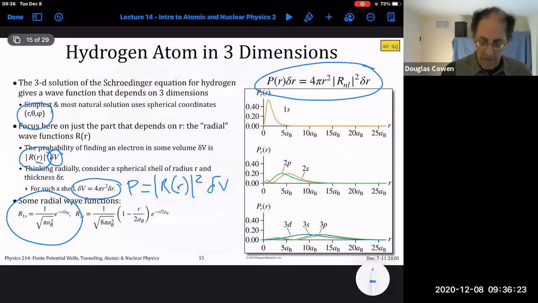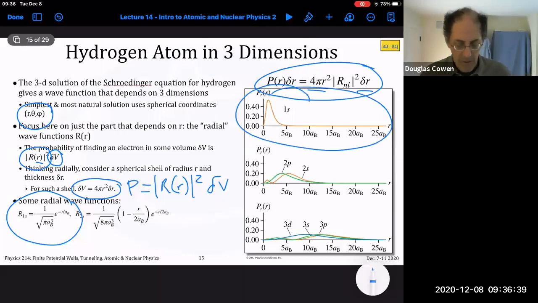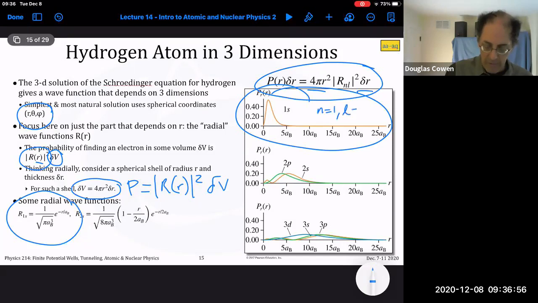If you look at the probability, which takes the square of this radial wave function and multiplies it by 4 pi r squared delta r, then you get figures that look like this. So let's just focus on this first one here. This is the probability on the y-axis, and on the x-axis is the radius in units of the Bohr radius, a sub b. And you see that for the thing labeled 1s, 1s means that n equals 1 and L equals 0.